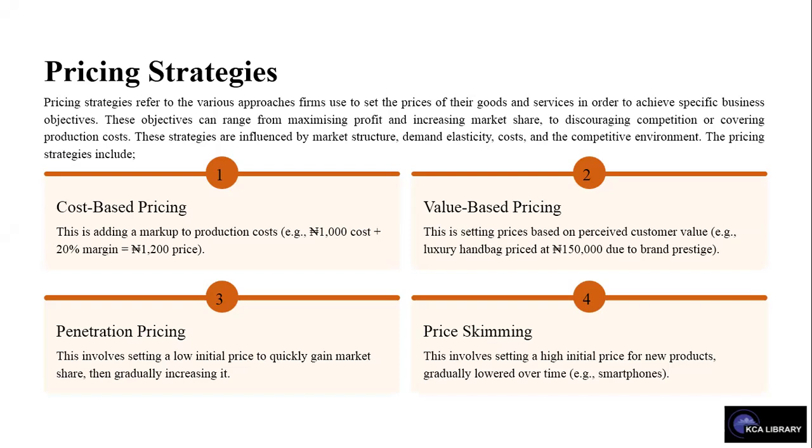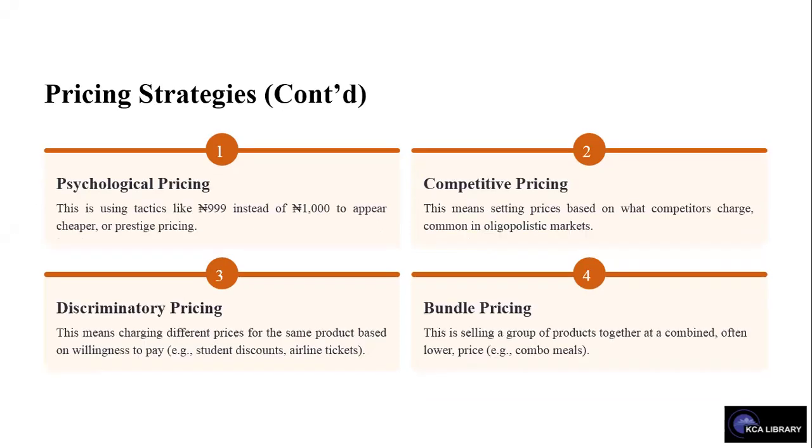Some when they come out, their prices are high, and as such, they begin to lower it as time goes on. For the psychological pricing, this is using tactics like when you have to buy something 1,000 naira and they write 999 to appear cheaper, or prestige pricing. So this is a psychological pricing.